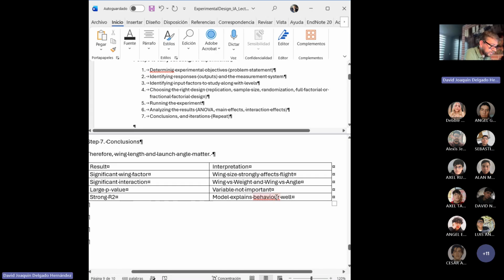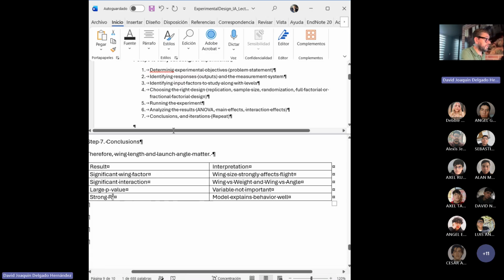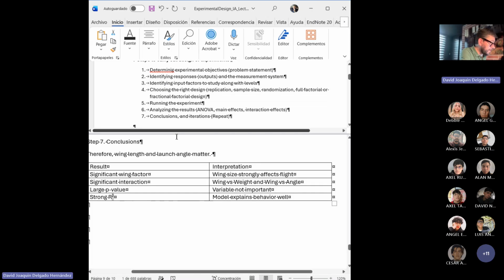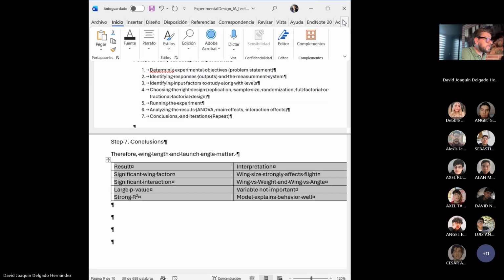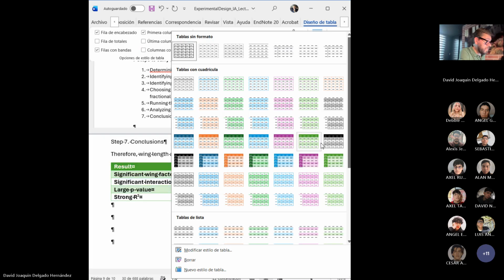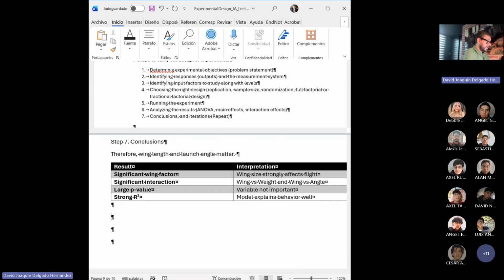This is in British English. Let us put in American English. Okay. So this is a square. So I am going to put this as a power. Here we are. Okay. So let us put this table.